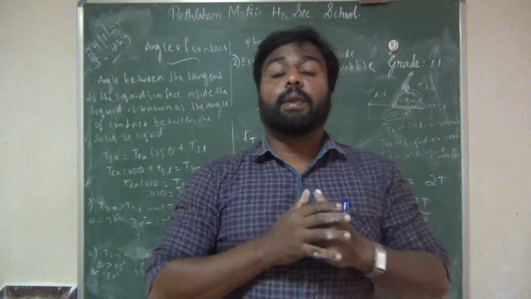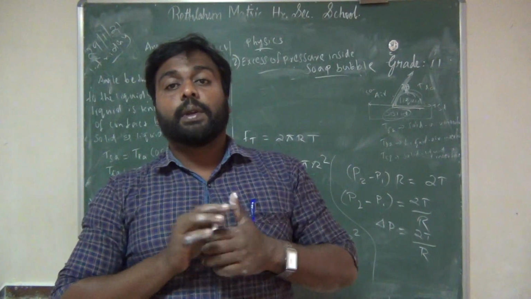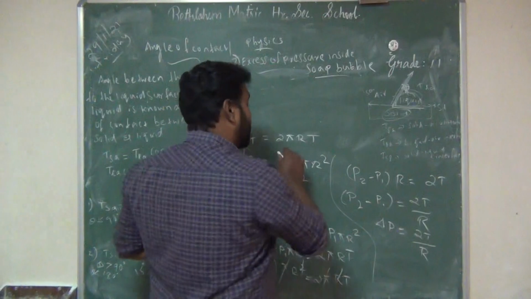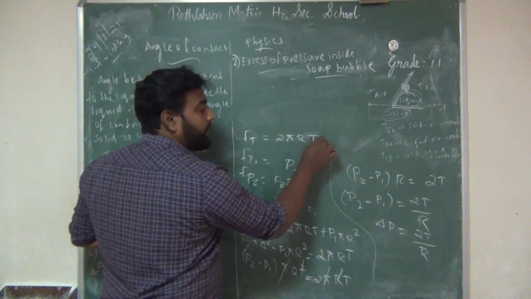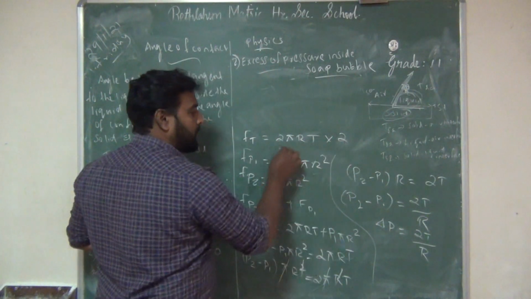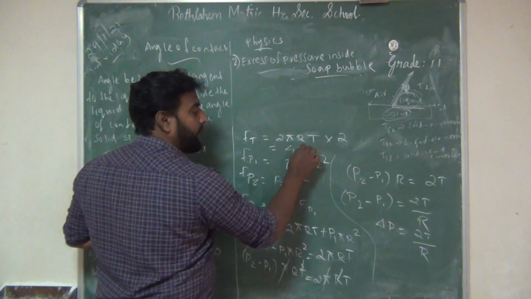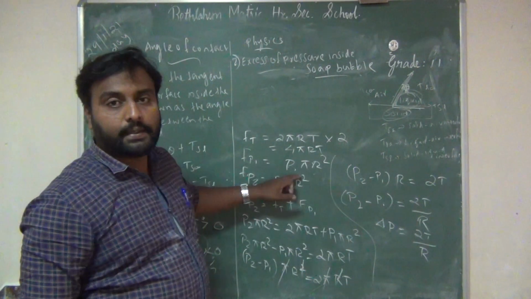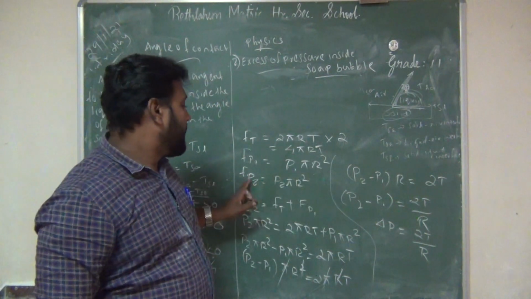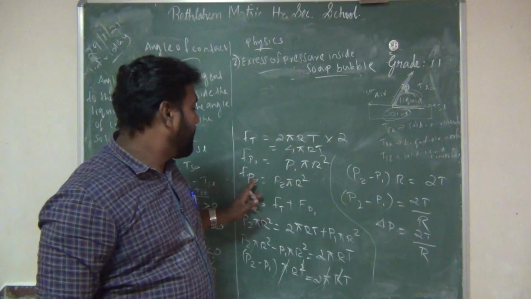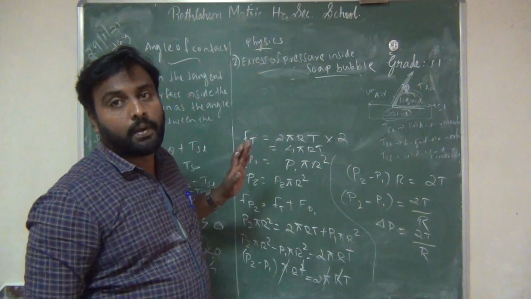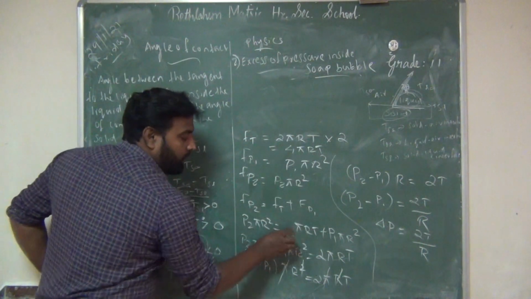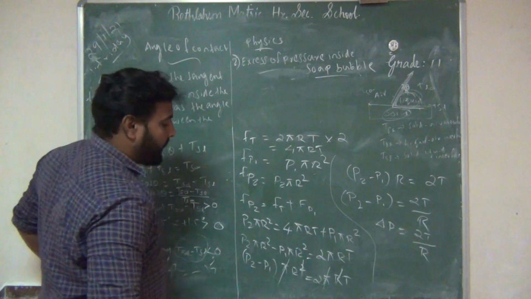Outside also the same thing will be there. So the total rim we can take is 2 pi RT into 2 is equal to 4 pi RT, and the outside pressure is P1 on pi r square, inside pressure is P2 pi r square. So the same calculation we can do here.